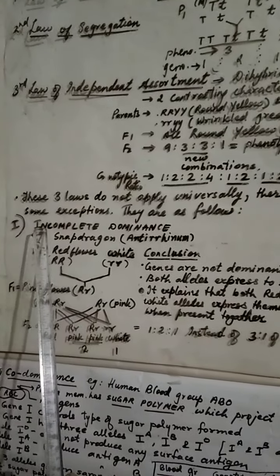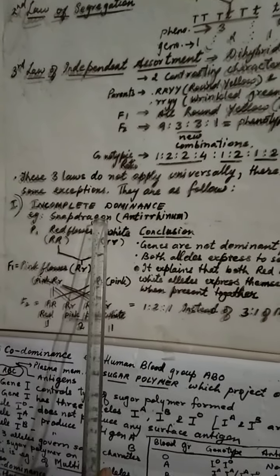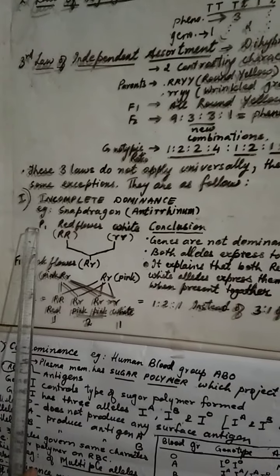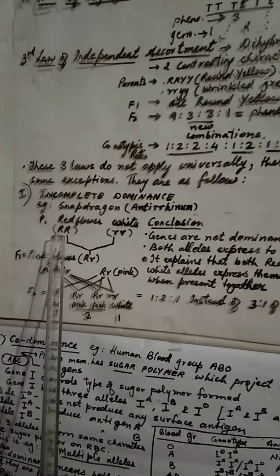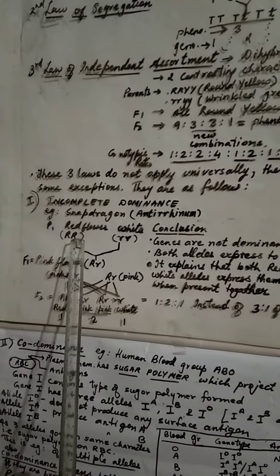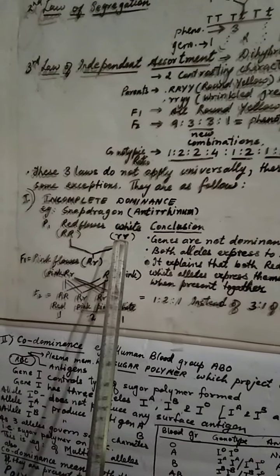So the first exception was incomplete dominance. This was tested on snapdragon, which is a flower. In this we take the parental generation, a red flower, symbolized with capital R, with a white flower, symbolized with small r.